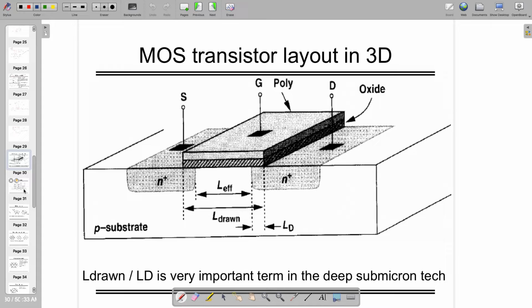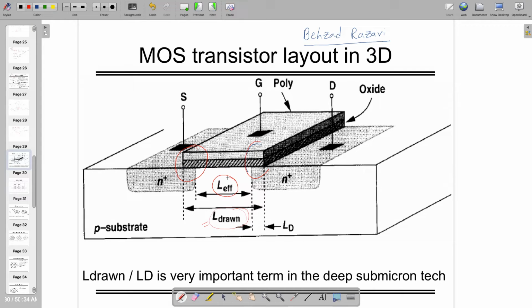This is revisiting the MOS transistor layout, taken from Behzad Razavi's book. I follow only Behzad Razavi, either the blue color or the red color. Both books have the same diagram. Here you can see there is some overlap area. You want to draw L as some value, 14 nanometer or 28 nanometer or 32 nanometer or any technology, but because of this overlap it will have a different L effective.